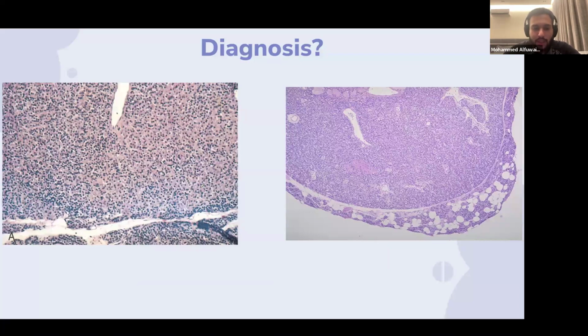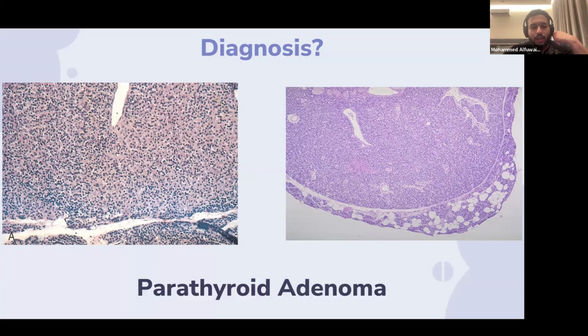What does this patient have? Same presentation, same case. They have parathyroid adenoma, which is basically a benign tumor of the chief cells. Okay. And the chief cells will secrete a lot of PTH. That's pretty much it. Okay.